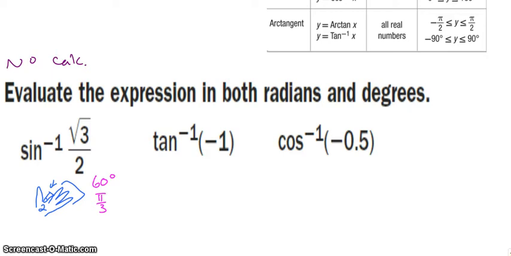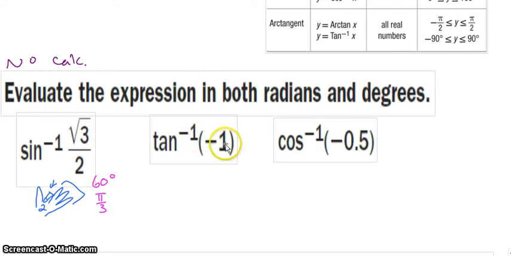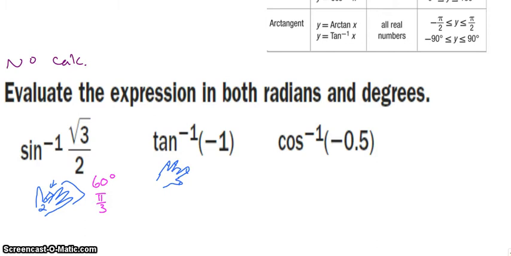Now if we're looking at our tangent, inverse tangent of -1, I need to figure out which finger can I put down for tangent in order to get a value of -1? Well, let's look at the fact that it's 1 first. So if I put down my middle finger, I get that √2/√2, which is 1. So that would give me 45 degrees when I flip it back over.